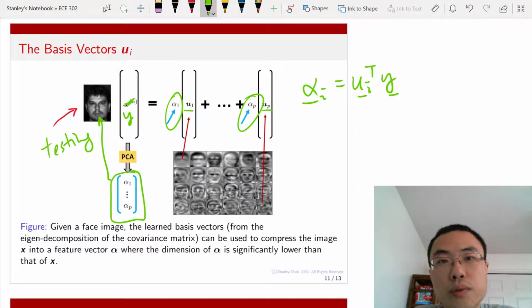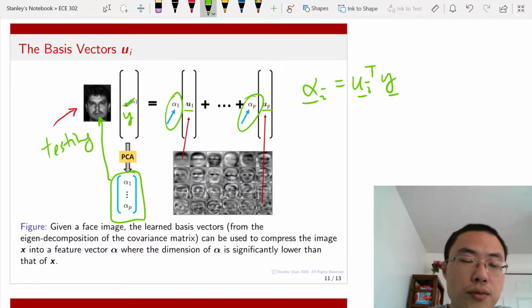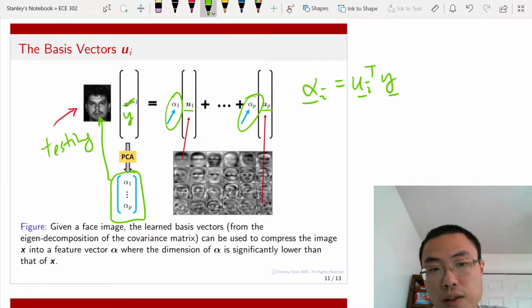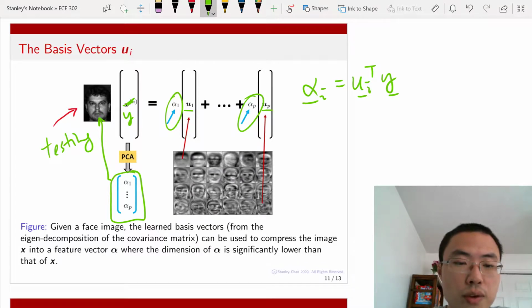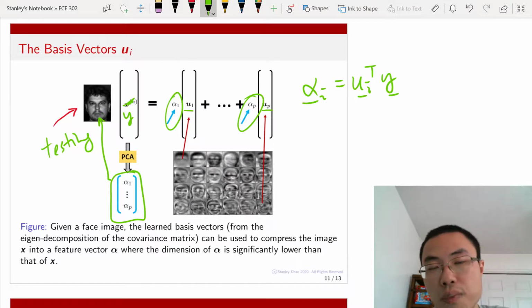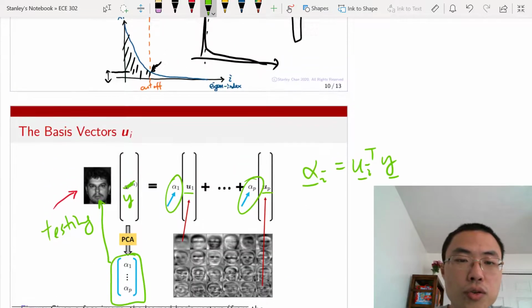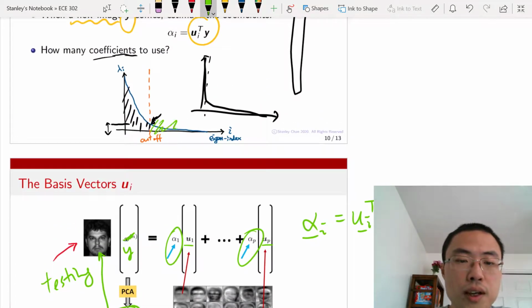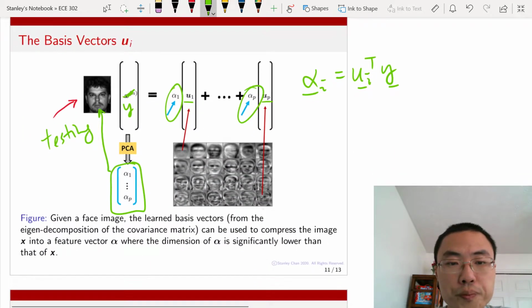For example, you want to recognize faces. Instead of using all the pixel values of y, which is a very high dimensional vector, you can use a much lower dimensional vector of alpha 1 through alpha p, and they carry almost all the same information, except some truncation due to the eigenvalues that you removed.